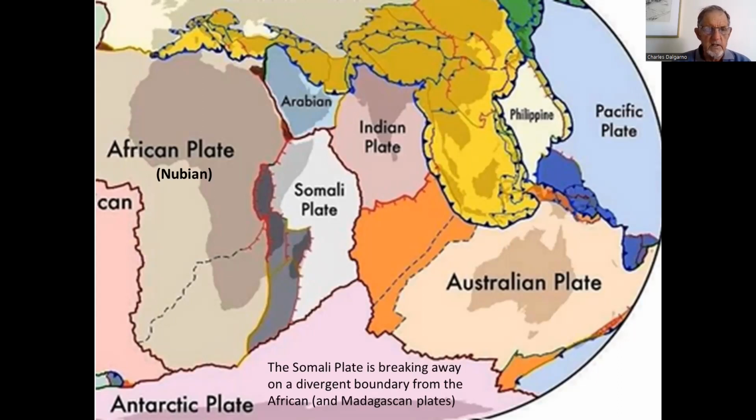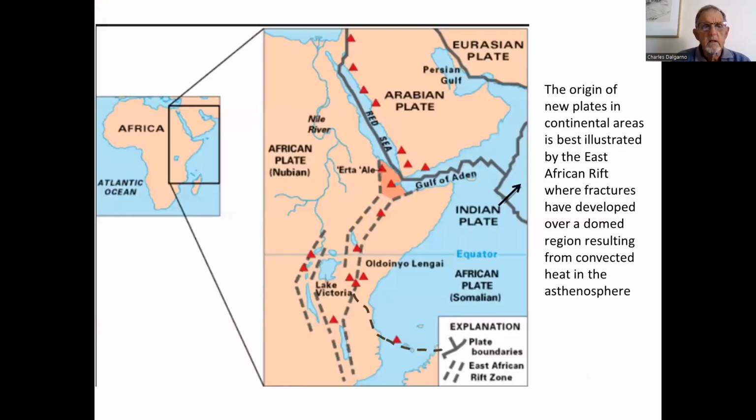You'll notice also between the Somali Plate and Africa, there's a series of grey areas. There's a Madagascar Plate, which is effectively extinct today, and extensions of that into Tanzania. This is a look see at how plates develop, really.